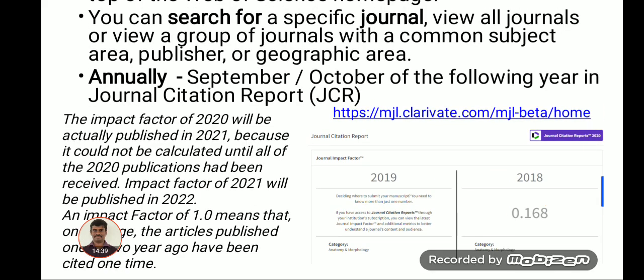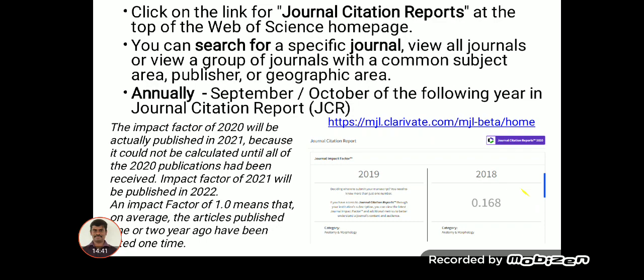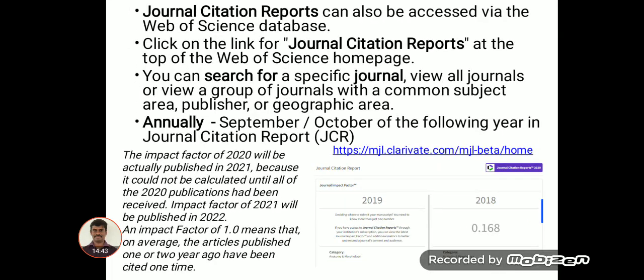Always remember, the impact factor of the current year will actually be published only in the next year. For example, the impact factor of 2020 will be published in 2021 because it could not be calculated until all the 2020 publications had been received. Impact factor of 2021 will be published in the next year, 2022.